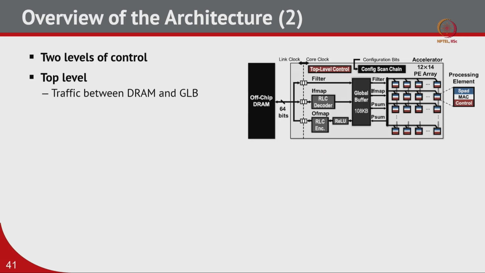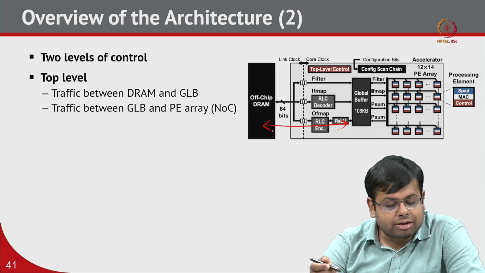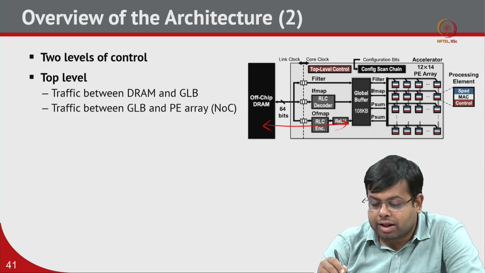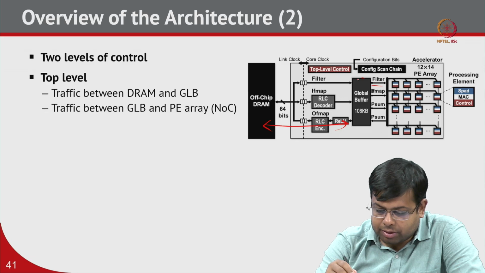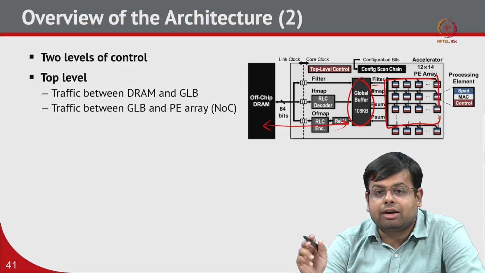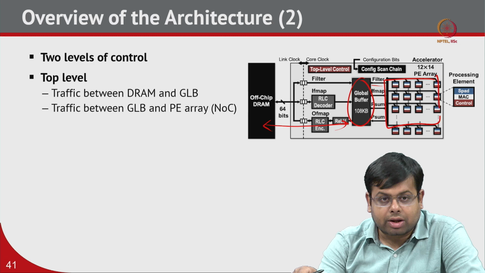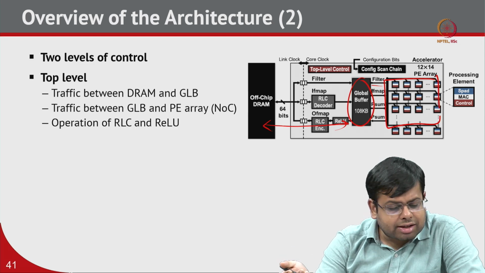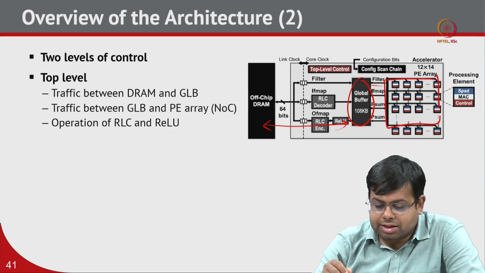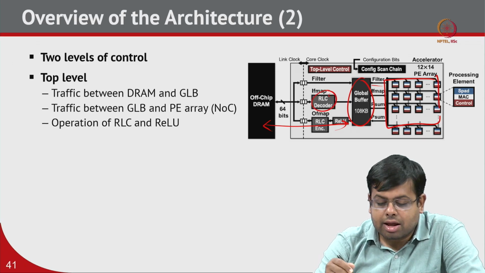Again, there are 2 levels of control. At the top level there is traffic between the DRAM and the global buffer, and traffic between the global buffer and the PE array. That traffic is handled by the network on chip, as we discussed during DaDianNao. Then there is the operation of this RLC, we will see what this RLC decoder and encoder is, and the operation between the RLC and the ReLU unit.